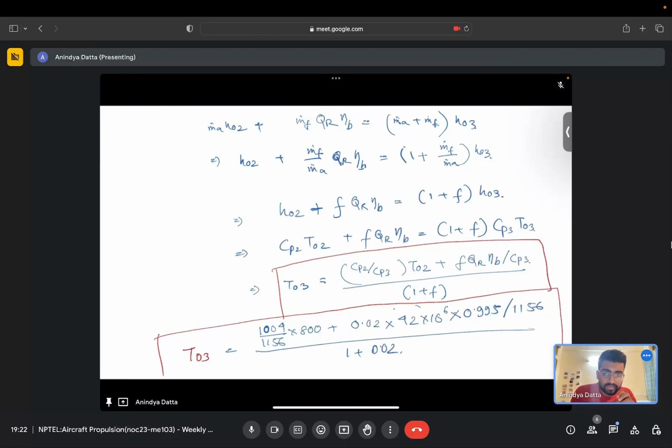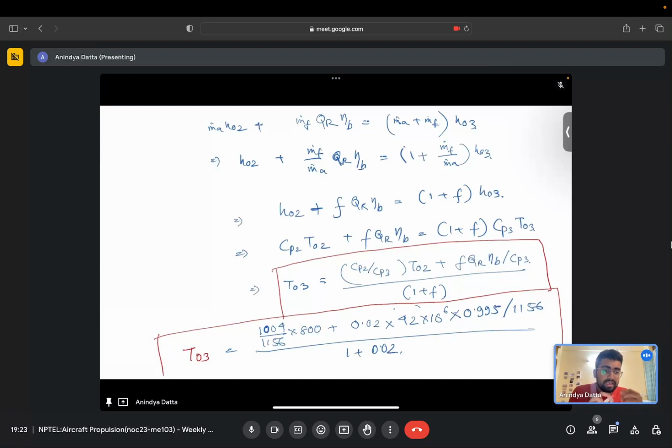Is this clear, what I explained? The main thing is how we are writing the energy balance equation here, and how we are incorporating it. On the left side, which is the input, is the enthalpy flux of the incoming air, which is mass flow rate of air times the stagnation enthalpy corresponding to stagnation temperature T02.